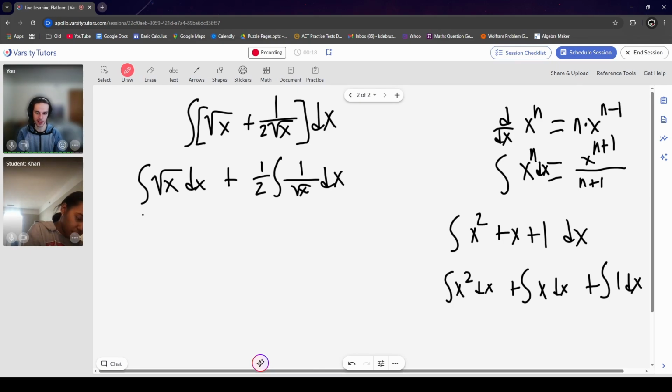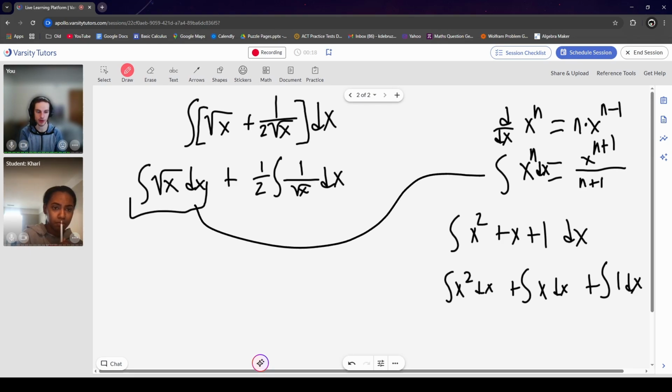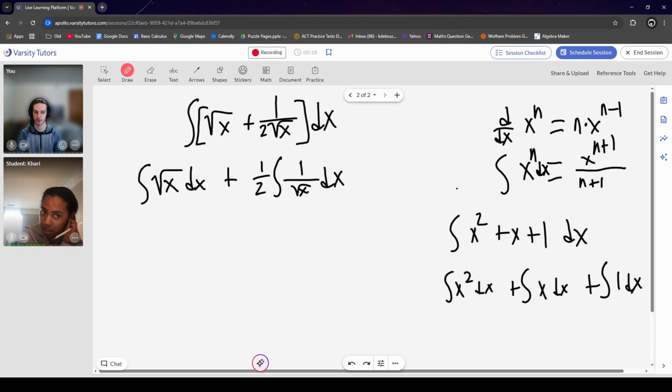So let's look at this one, the integral of square root of x dx. How can we apply the power rule to that integral? So that is just x to the 1/2 power. Very good. Yep.